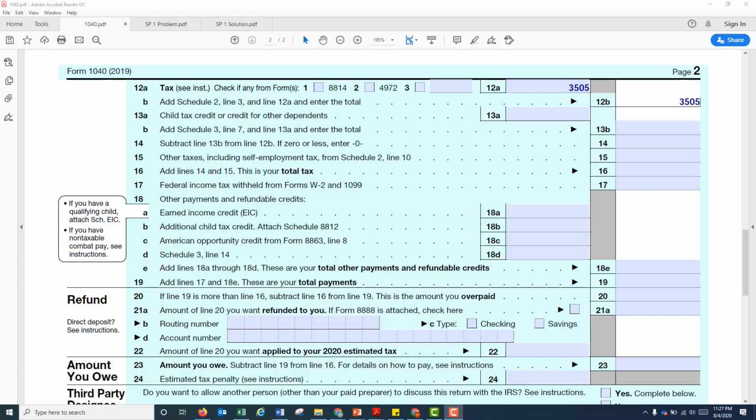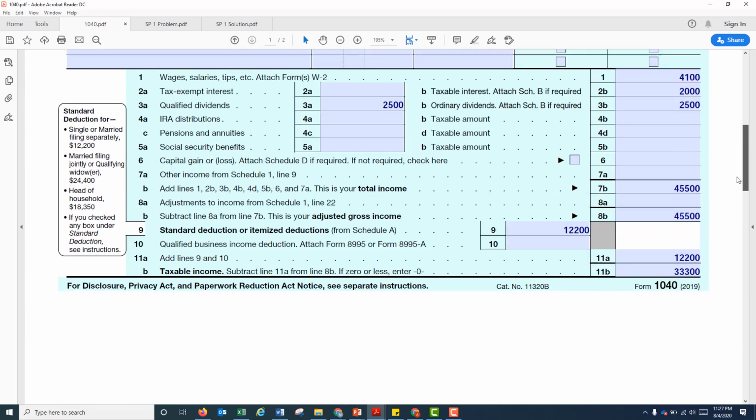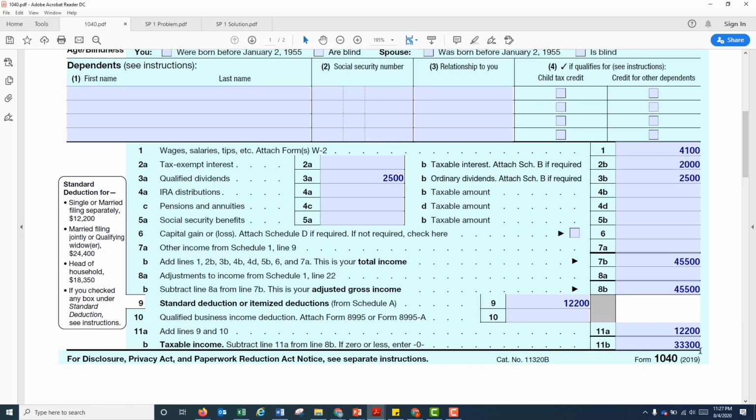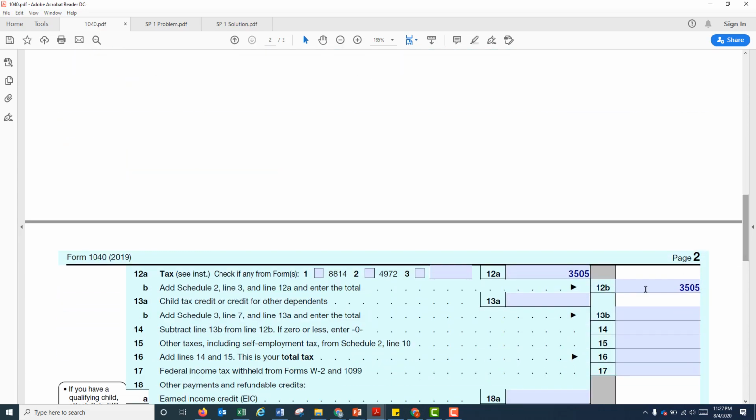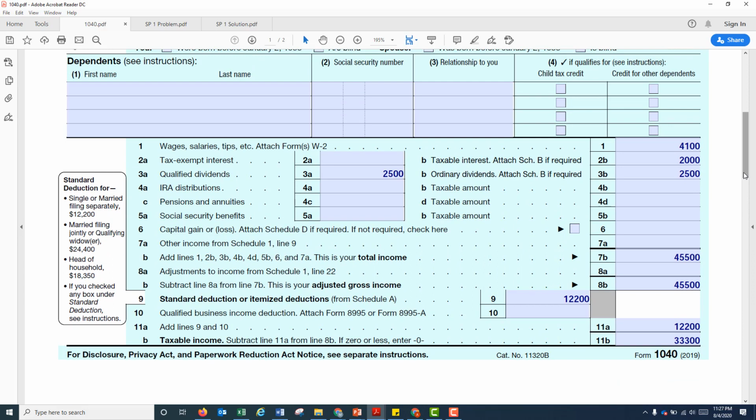Let's take a brief moment and go back to line 11B. 11B is $33,300. That's the taxable income. Normally, we would look up this amount of income in the tax table and obtain the tax to enter onto line 12A. However, because we have qualified dividends, we cannot look up this amount of taxable income.